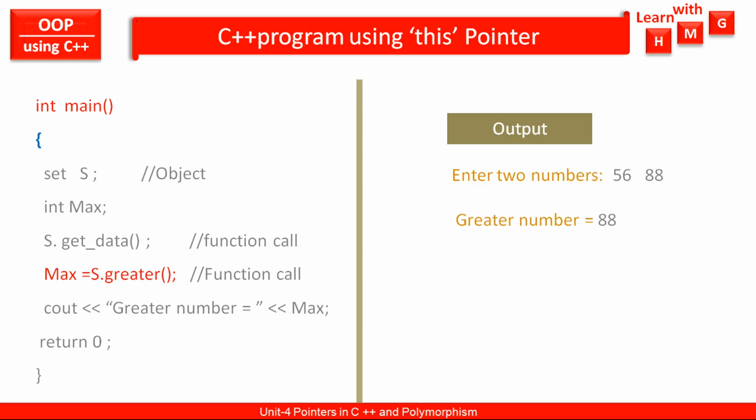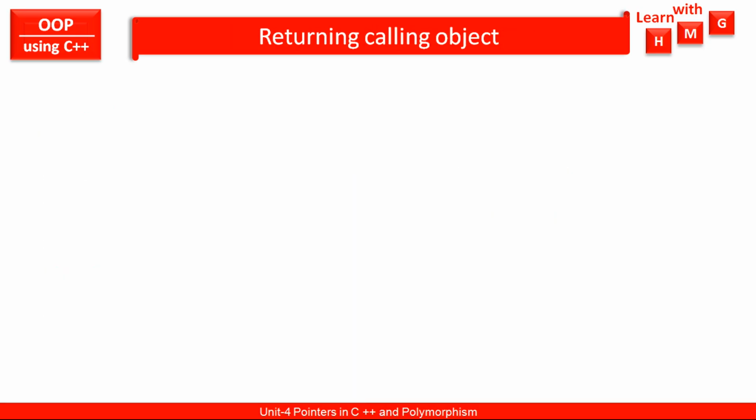So this is a simple C++ program using this pointer, which is used to access data members within the member function. Now let us go to another application of this pointer, that is returning the calling object.